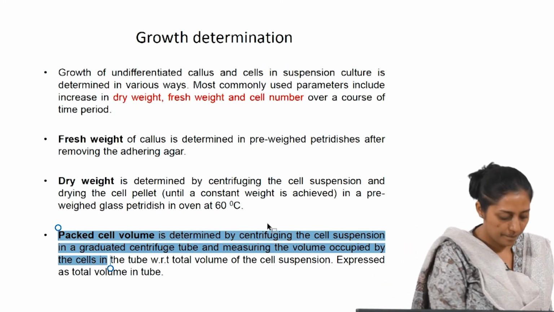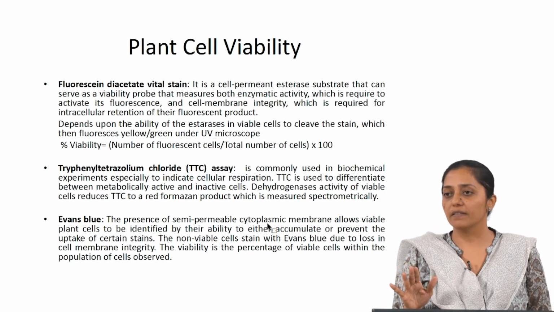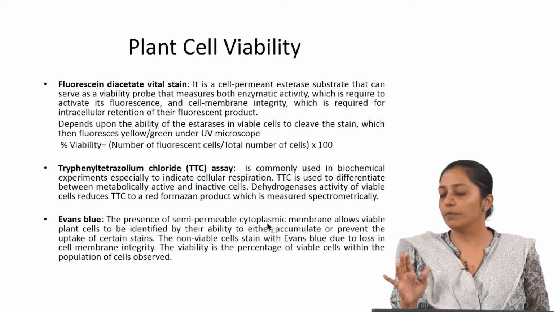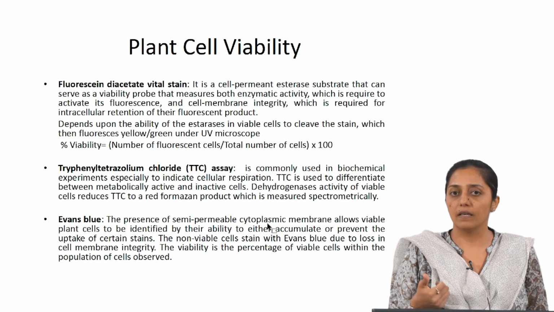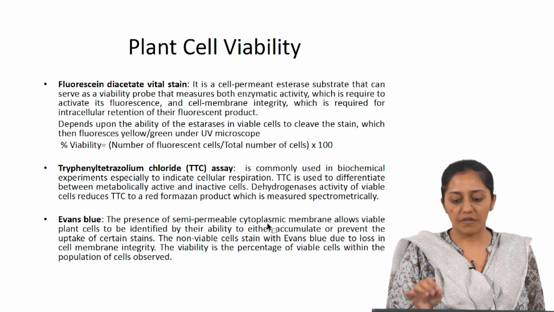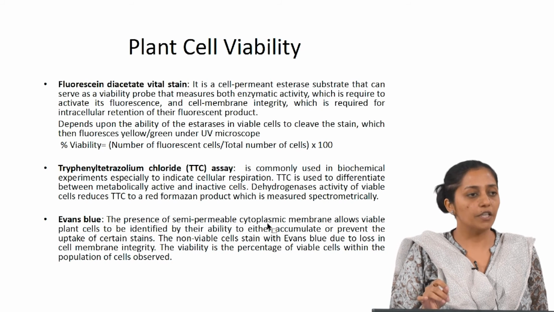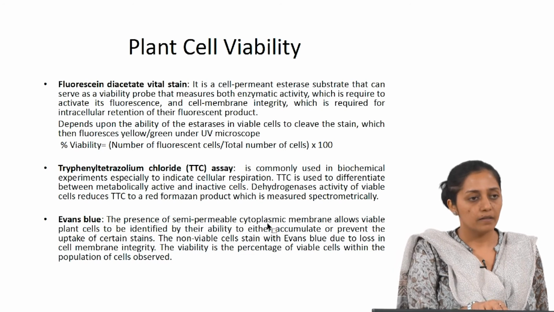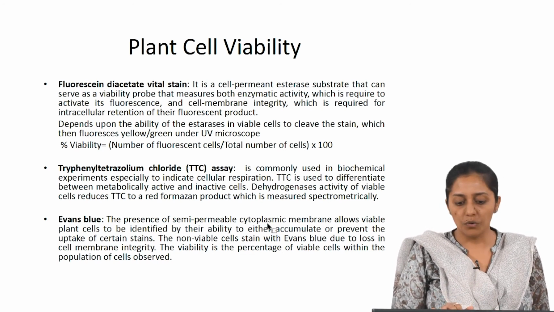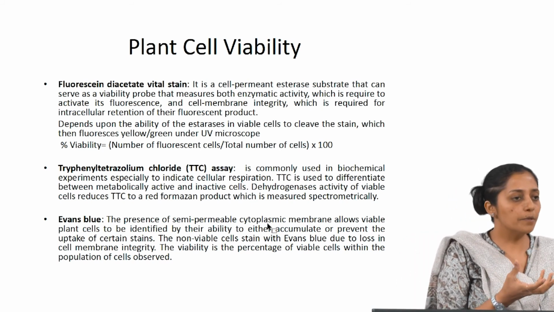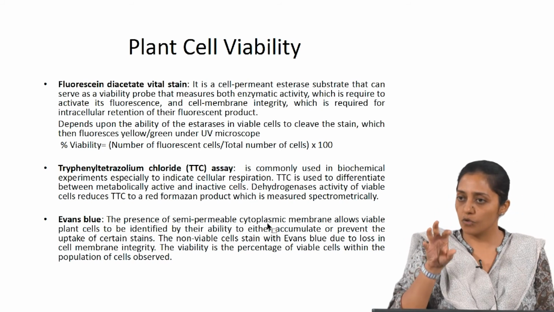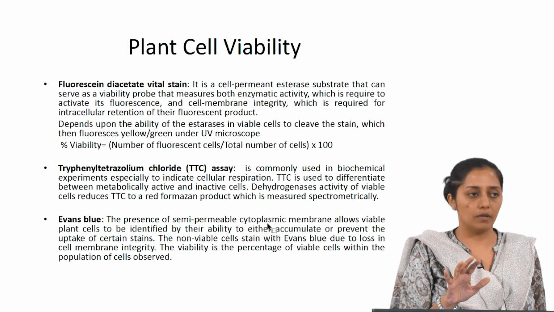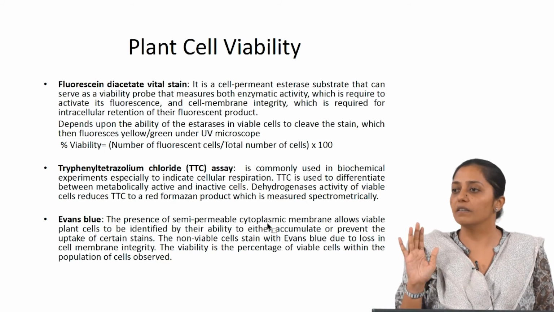So, this ratio is called the growth index and is a parameter which gives you an indication of how much growth has happened. Now, talking about plant cell viability, there are many different ways, but here I have listed 3 ways which are generally used in literature to determine plant cell viability. One is the fluorescein diacetate vital stain. This stain is based on the activity of esterases in the viable cells. These enzymes act on this dye to produce a fluorescent product, and because the cells are viable and the membrane integrity is in place, they can hold on to the fluorescent product, which you can see under UV light.